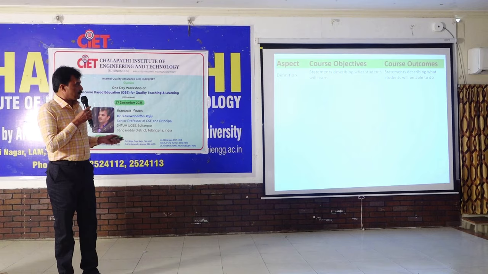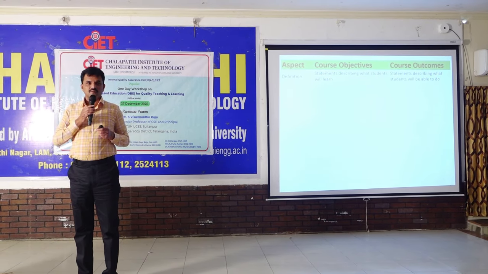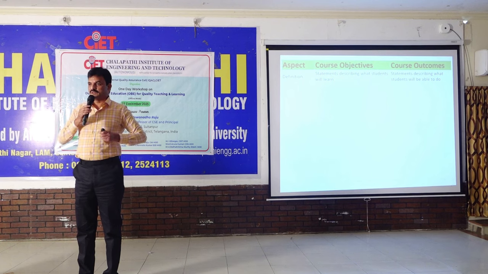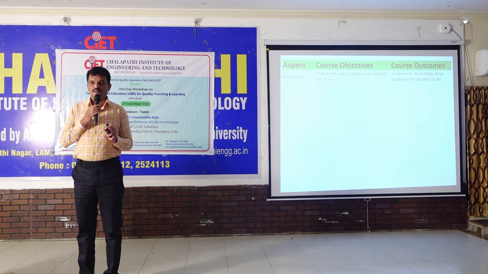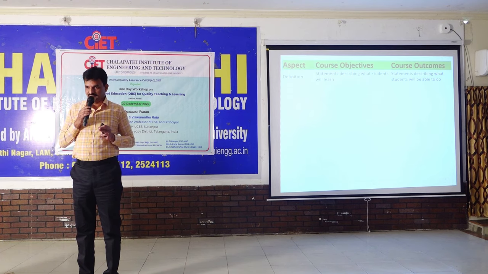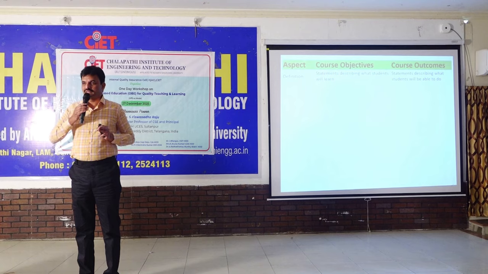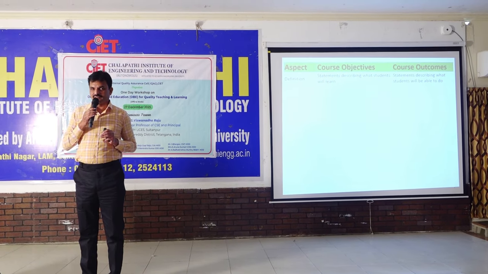So what are the differences between the course objectives and the course outcomes? I think you might be familiar with these two terms, course objectives and course outcomes. Excellent. Next. Exactly.